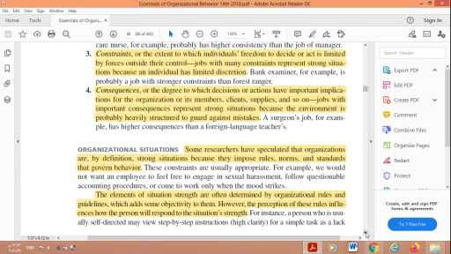Because it imposes rules, regulations, norms, and standards that govern the employees' behavior. The elements of situational strength are often determined by organizational rules and guidelines, which adds some objectivity to them. However, the perception of these rules influences how the person will respond to the situation's strength.